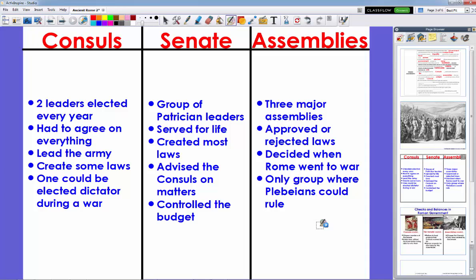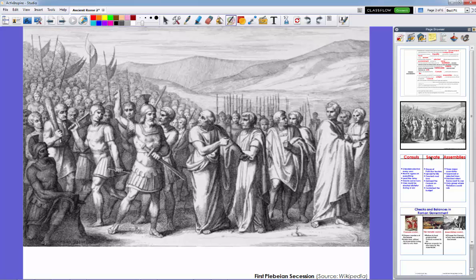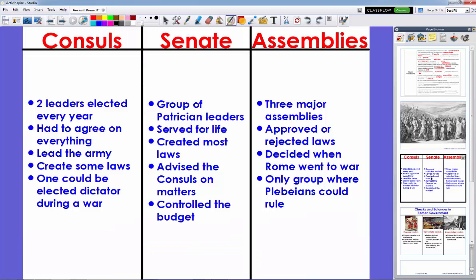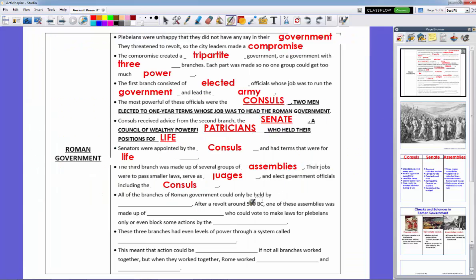And going back to the plebeian secession and the plebeian revolt against the patricians, the assemblies were the only group where the plebeians could rule. And in fact, there was a special plebeian assembly who created laws that could only apply to the plebeians, and the patricians could do nothing about it. So all the branches of the Roman government could only be held by patricians, with the exception of that small one.